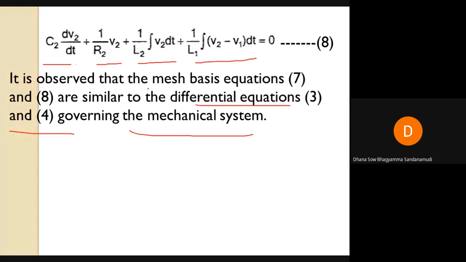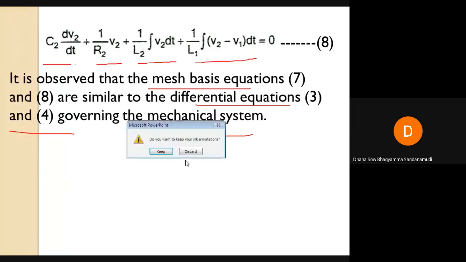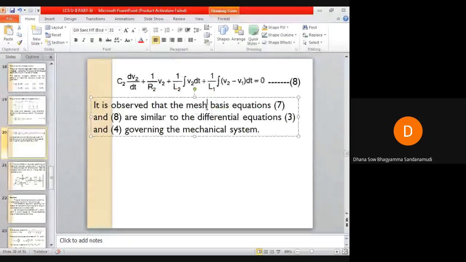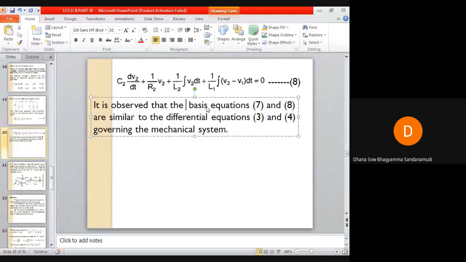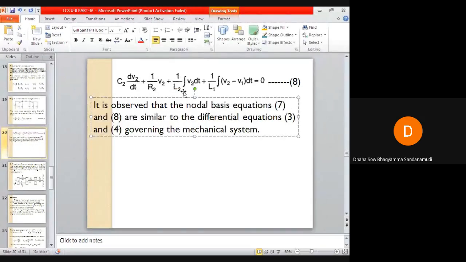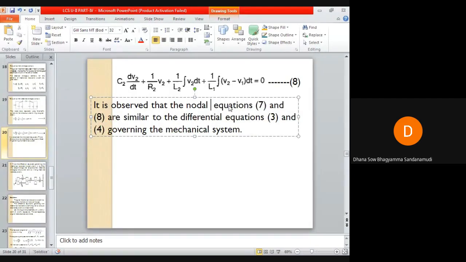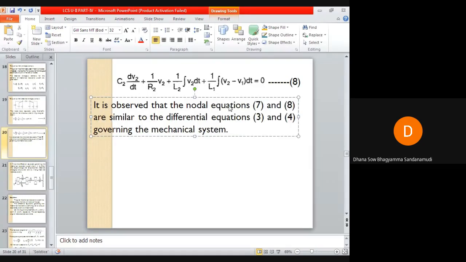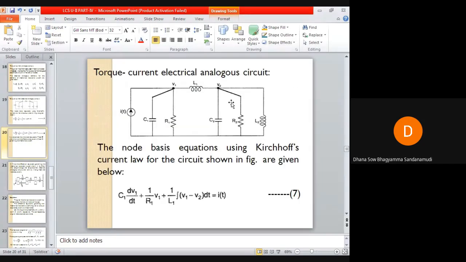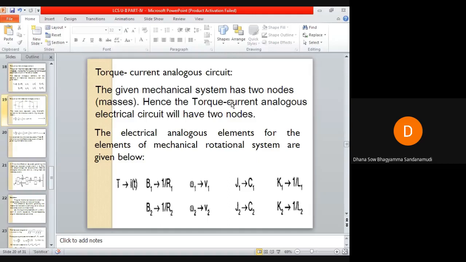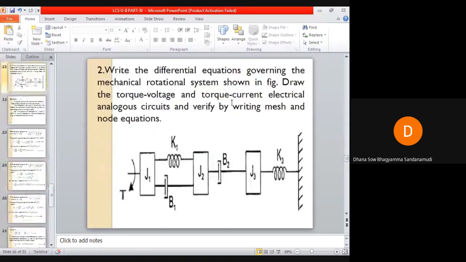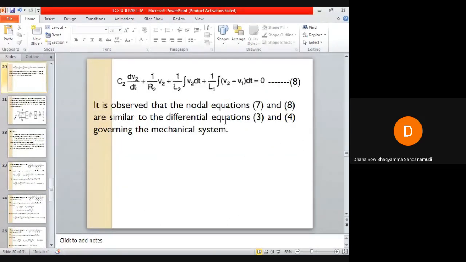Okay, this is my first problem. If you compare, those equations will be similar. That's all, you have to write that statement.